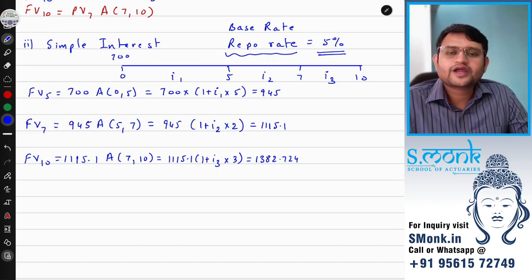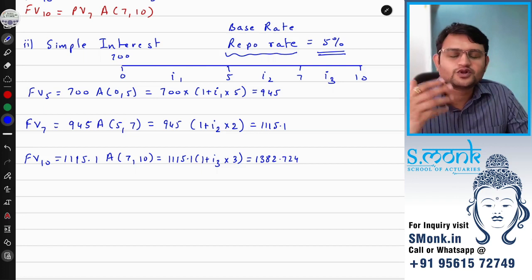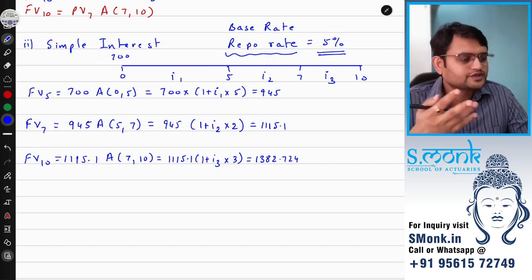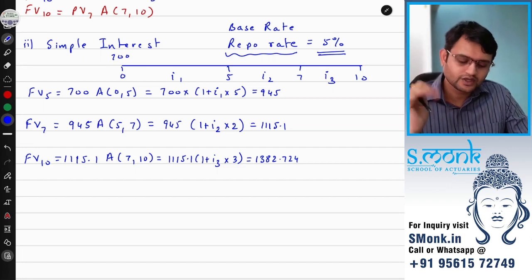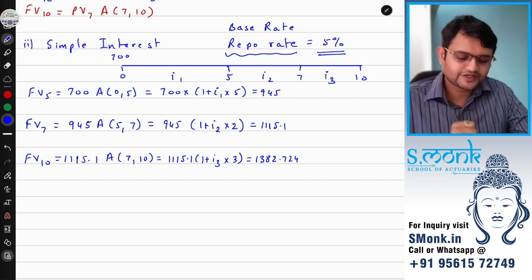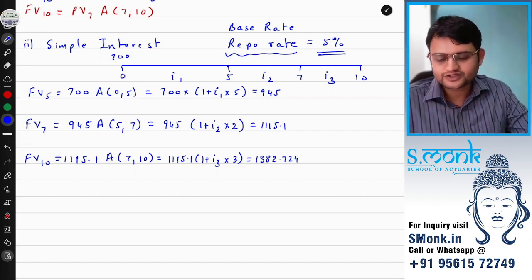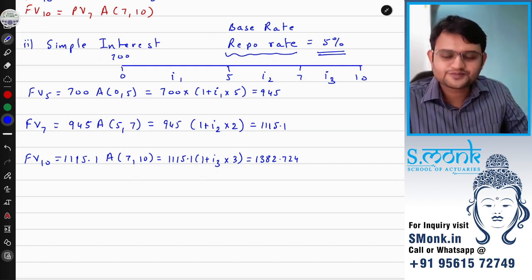So the rate of interest of SBI, the simple rate, or let's say fixed deposit. Forget about savings account. We'll be talking about the fixed deposit. So fixed deposit rate of interest of SBI will be next.